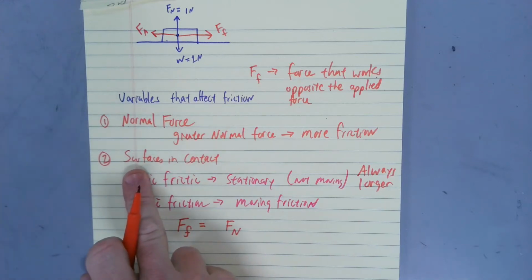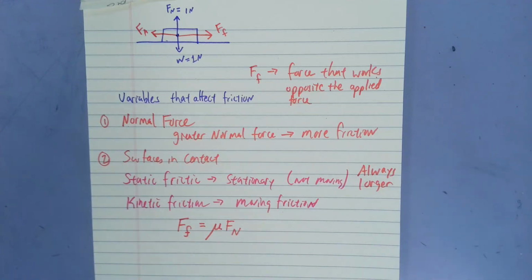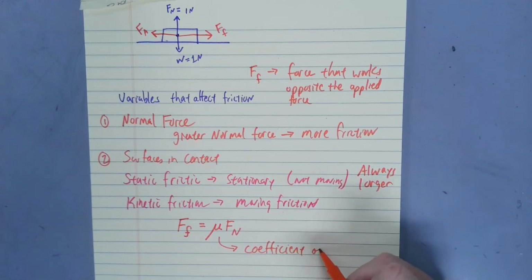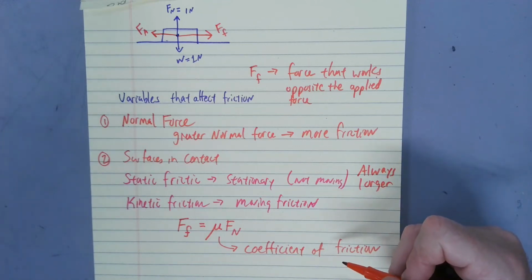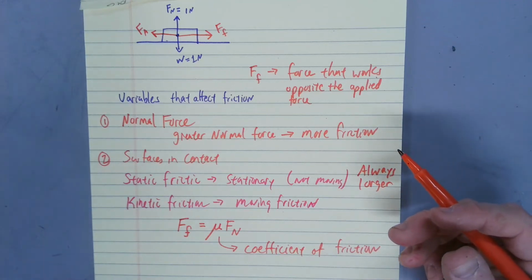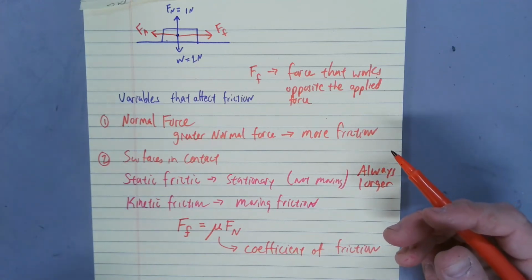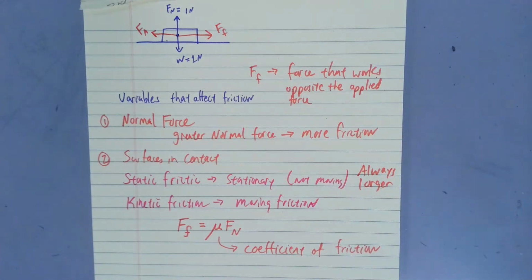But how do we account for the surfaces? We're going to use the Greek letter mu. It looks like a U with a tail on the front end. This is called the coefficient of friction. What the coefficient of friction does is it tells you something about the friction between two different surfaces. And these have all been experimentally determined throughout history.